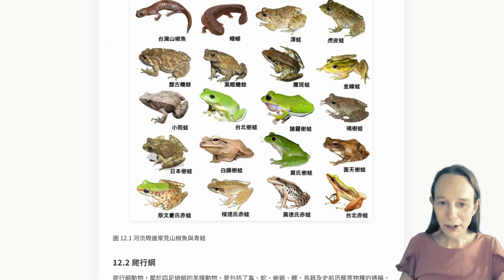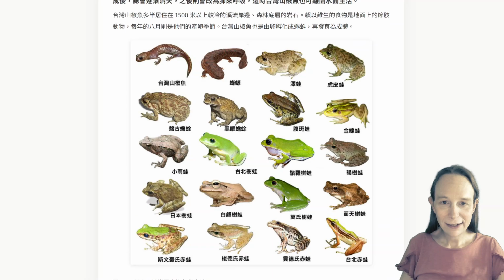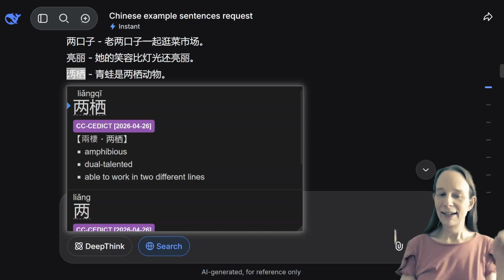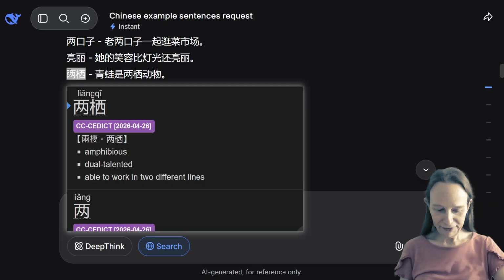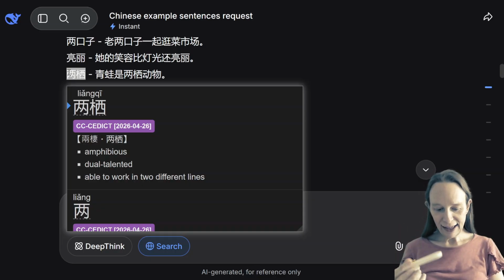All right, let's move on. 树蛙, tree frog. All right, 赤蛙, red frog. 台北赤蛙. All right, different types of frog, toad, and other 两栖动物. Okay, the second definition is 水陆两用的. Oh, okay. 能在两个有联系的领域活动的.